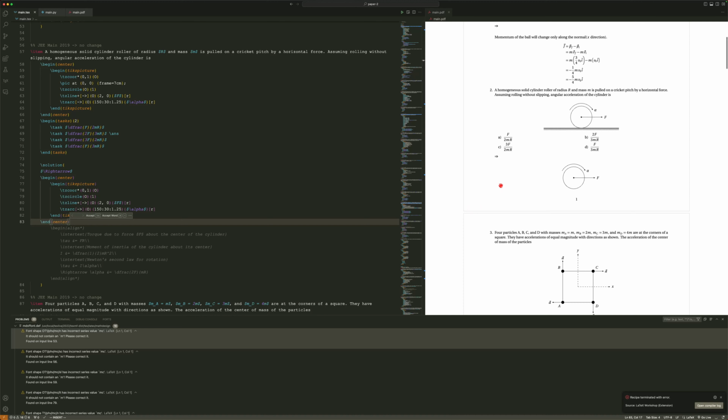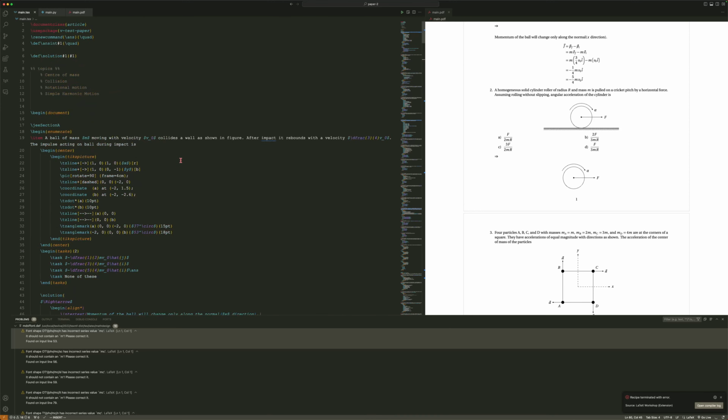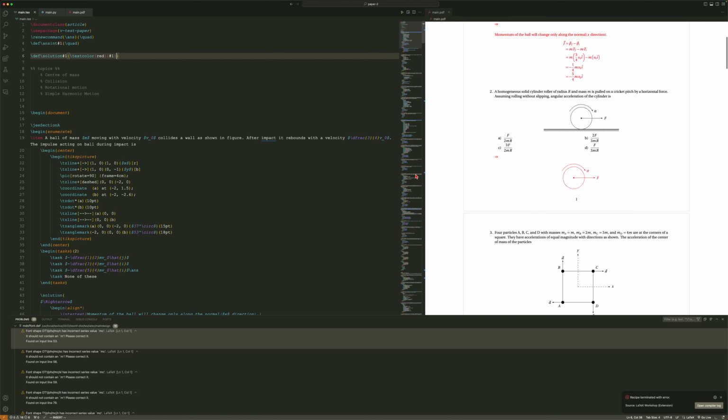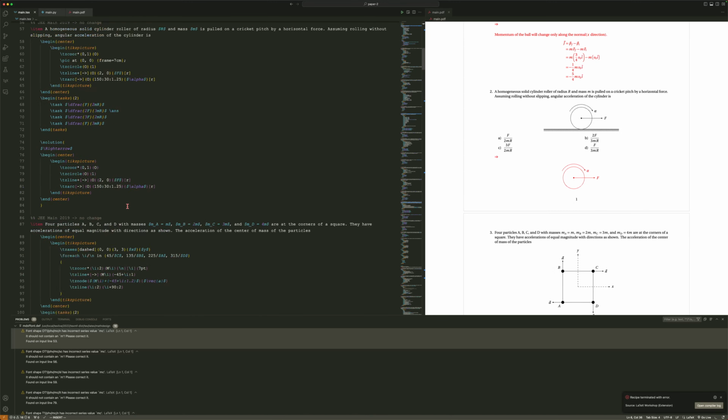Oh yes, so it's working. That means this must be fine. Text color which was red, that's right. Yeah, it's bugging. So yeah, here is the diagram.